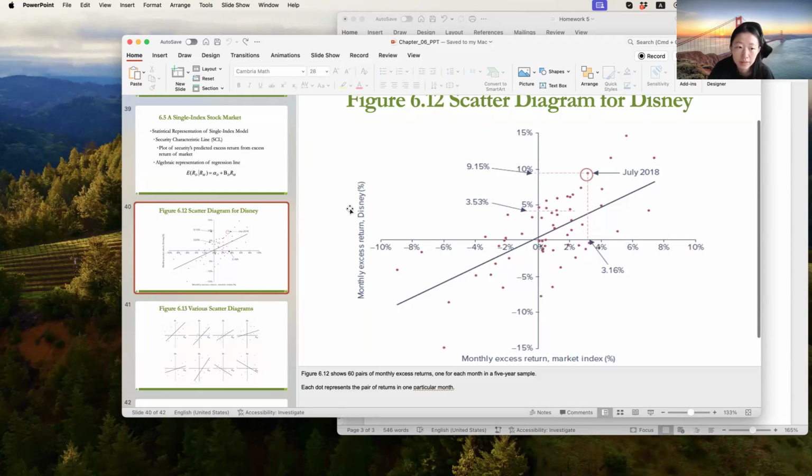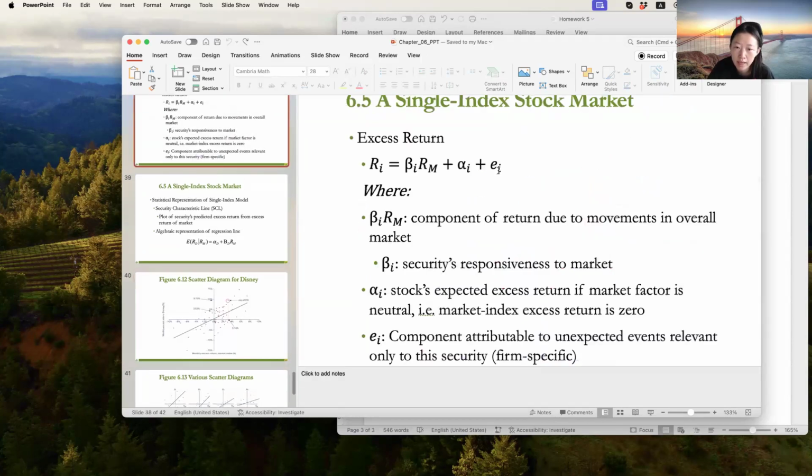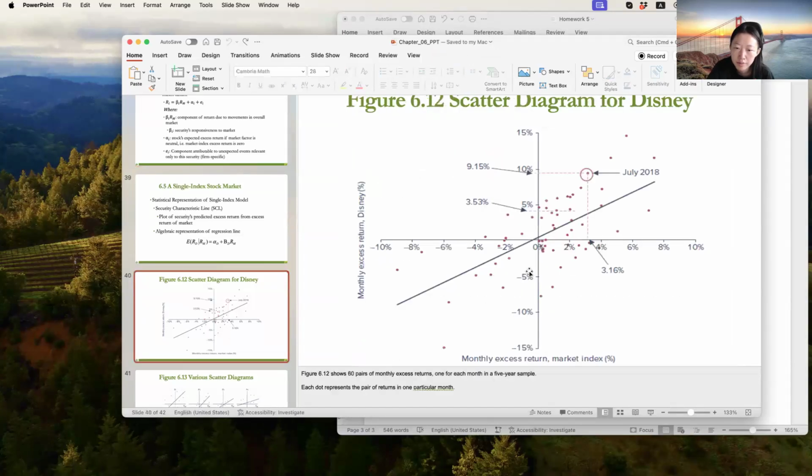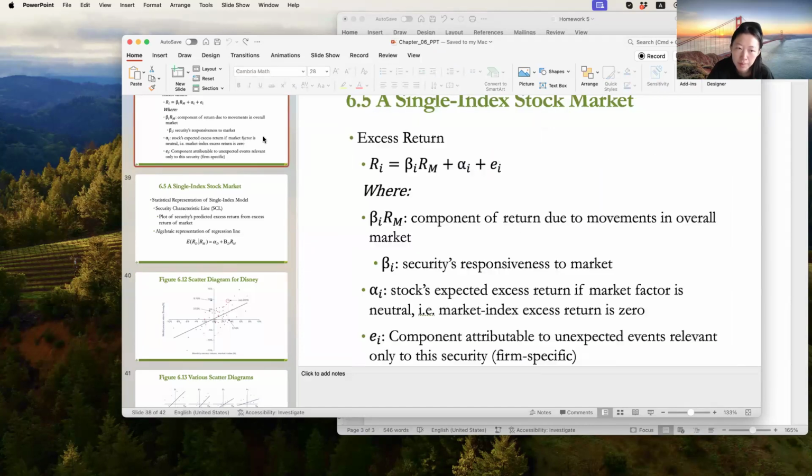That will be captured by the error term. And the intercept captures this point: when market return equals 0, the fitted line crosses the y-axis, and that y-axis value is the alpha, the intercept. The slope of this fitted line is captured by beta.